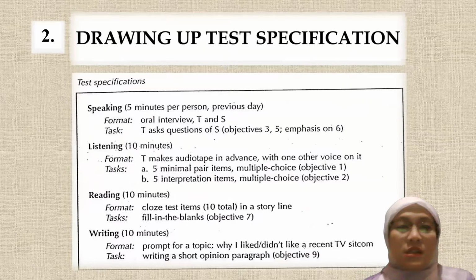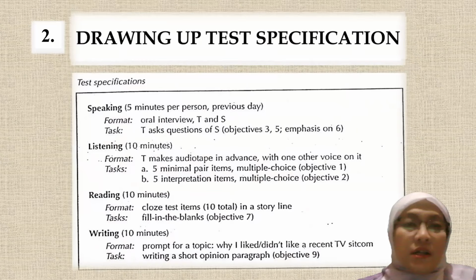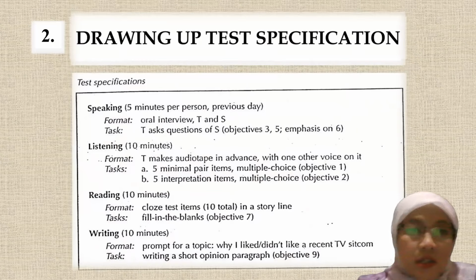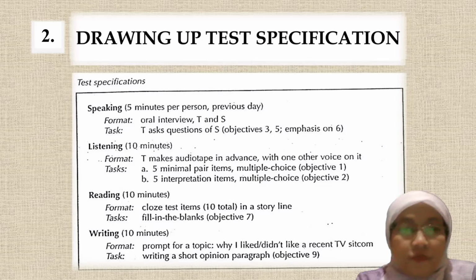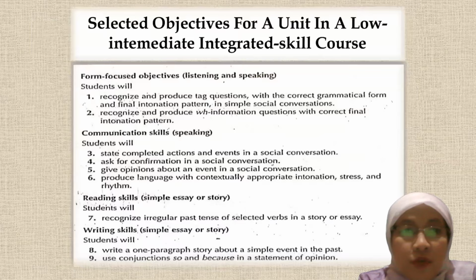Okay, let's start with listening, maybe. Remember, for example, the listening. In objective number 1, student will recognize and produce text question with the correct grammatical form and final intonation pattern in simple social conversation.